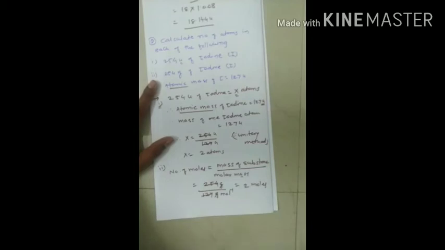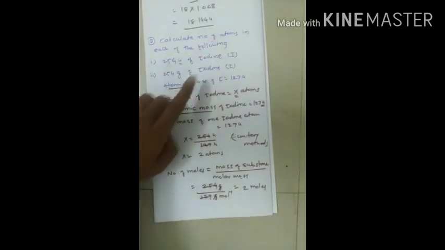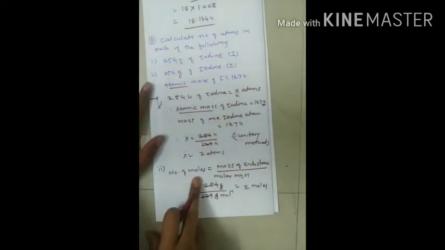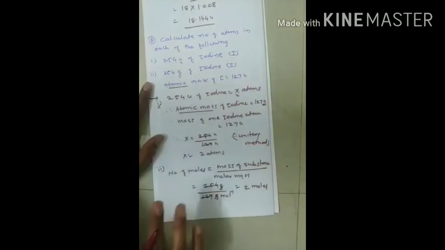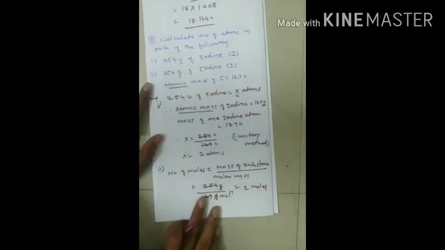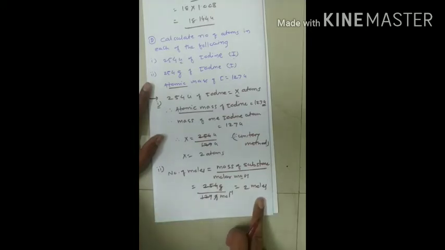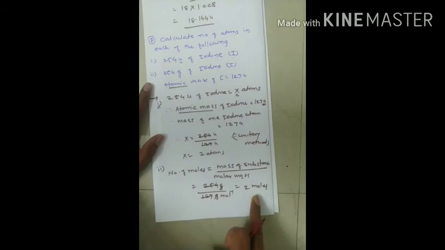Now, in order to calculate the number of atoms, firstly we have to calculate the number of moles. And as we all know, from the number of moles, if I want to calculate the number of atoms, I have to multiply it by the Avogadro constant. Whether I have to calculate the number of molecules or the number of atoms, once I get the number of moles and multiply it by Avogadro's constant, I will get the number of atoms or molecules respectively, whatever entity is asked in your question.